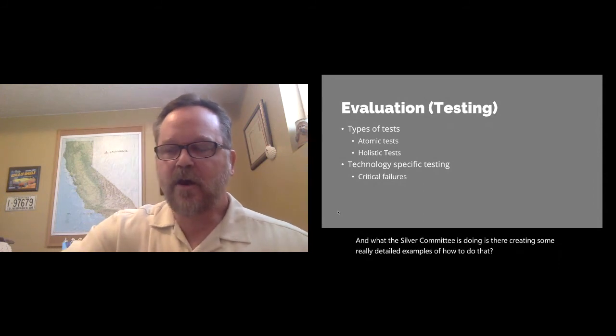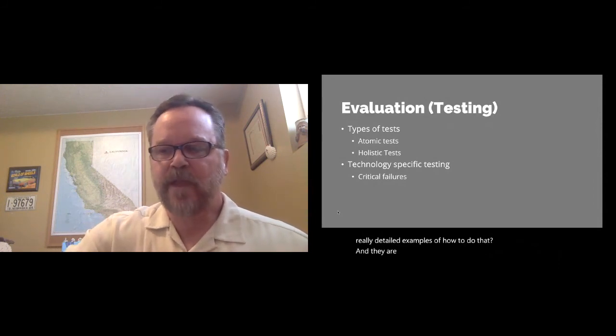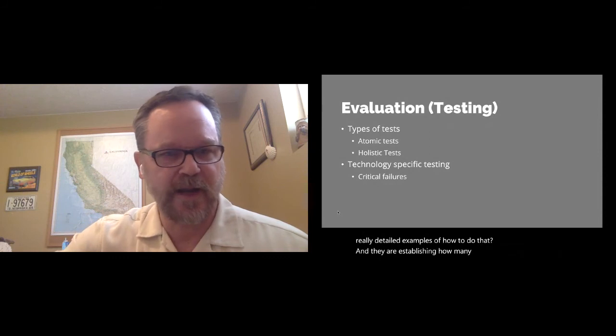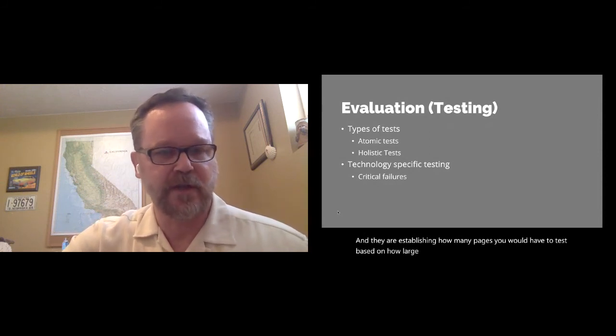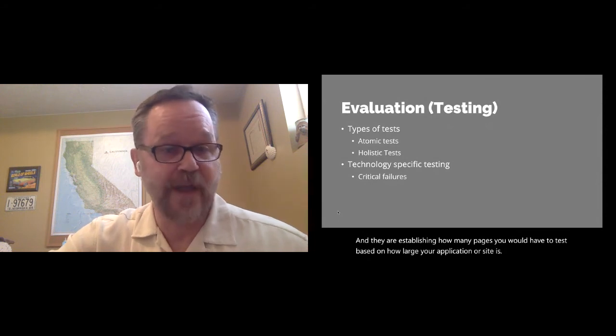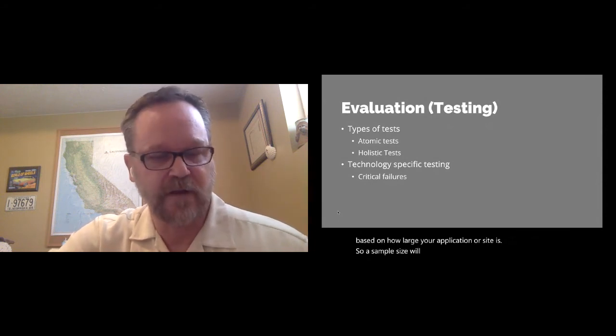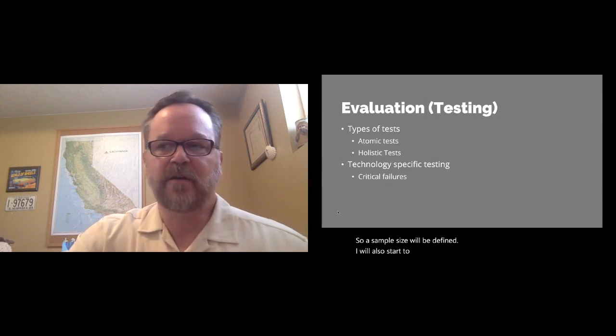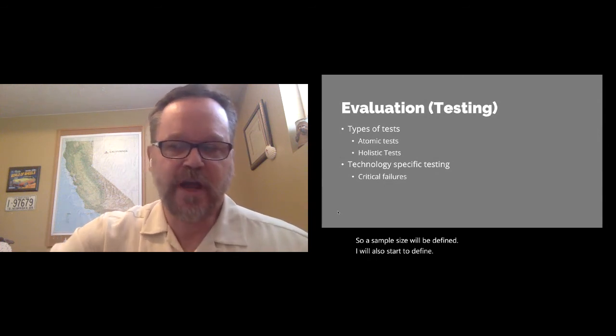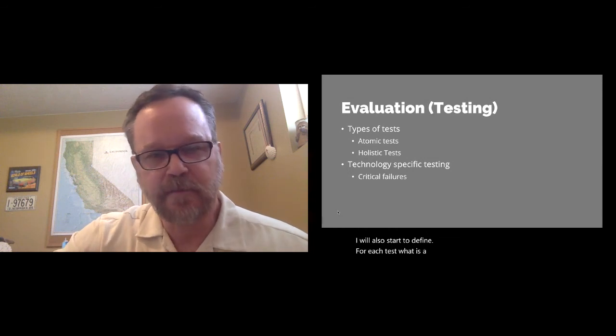They are establishing how many pages you would have to test based on how large your application or site is. So a sample size will be defined. They will also start to define for each test what a passing grade is.